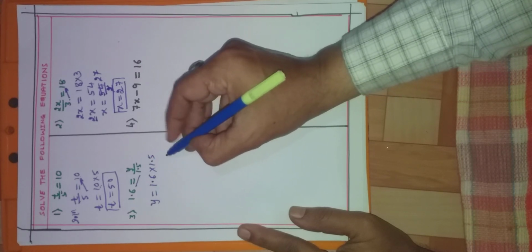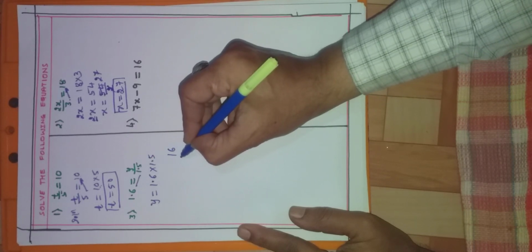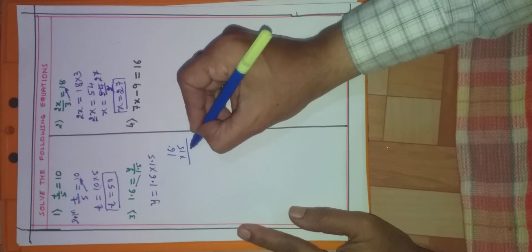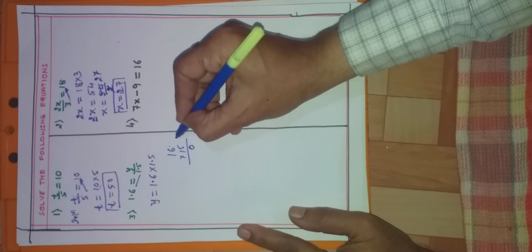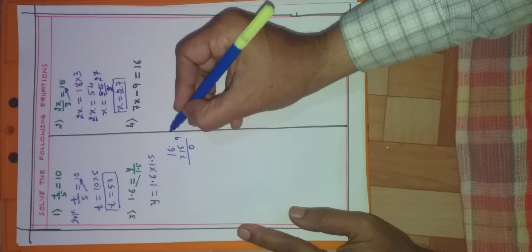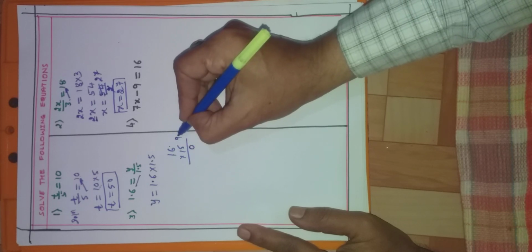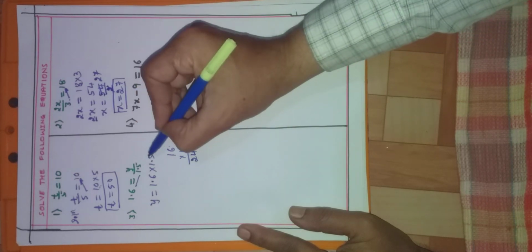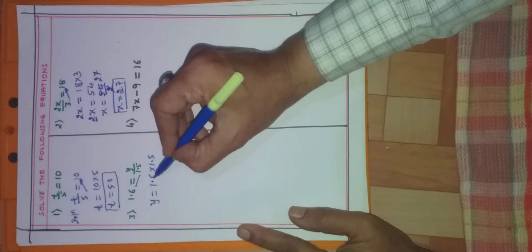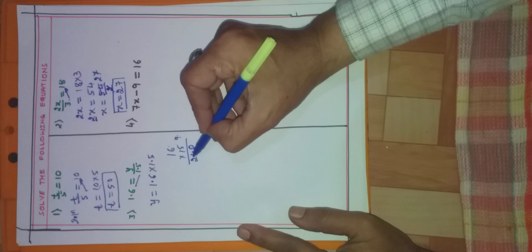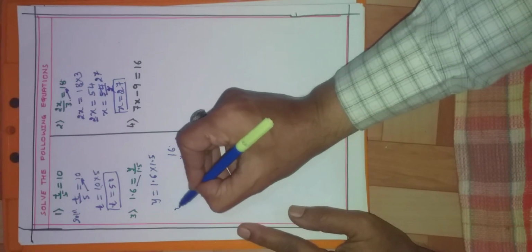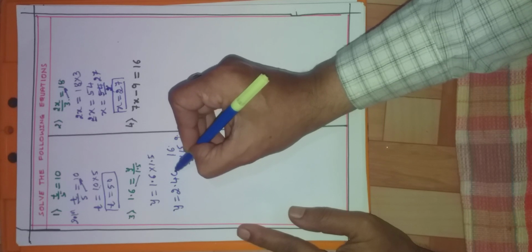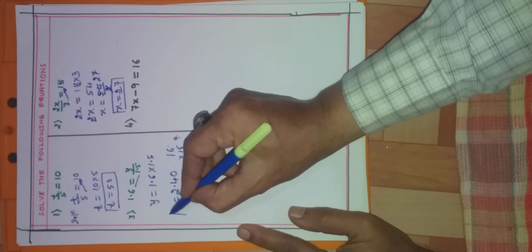Here multiply these two. 16 into 15. 5 sixes are 30, 0 carry 3. 1 six is 6, 6 plus 3 is 9. 16 ones are 16, 15 ones are 15 plus 9, 24. Here 2 digits after the point. y is equal to 2.40 is the answer.